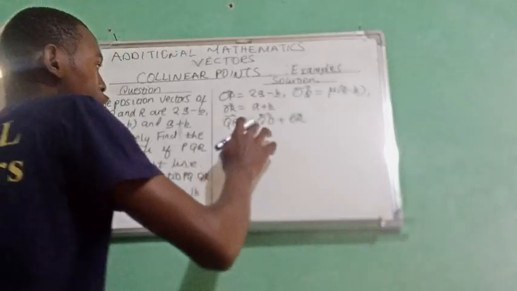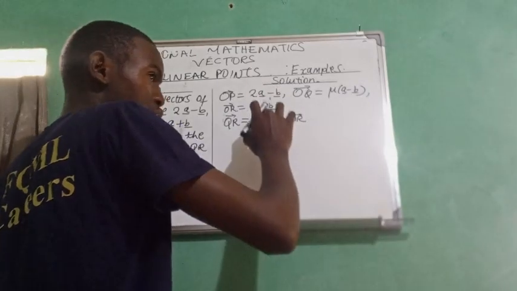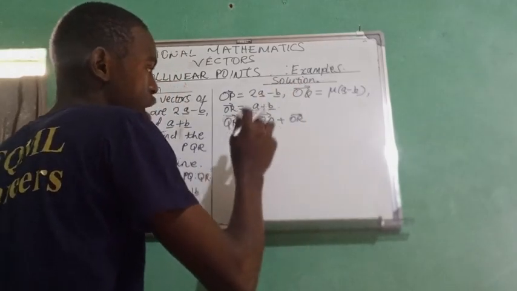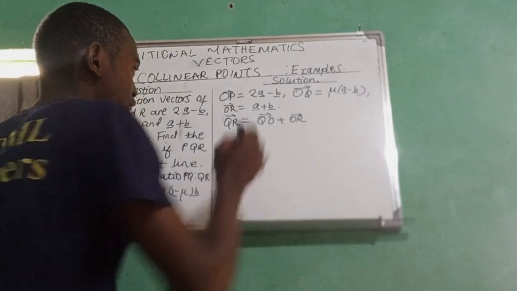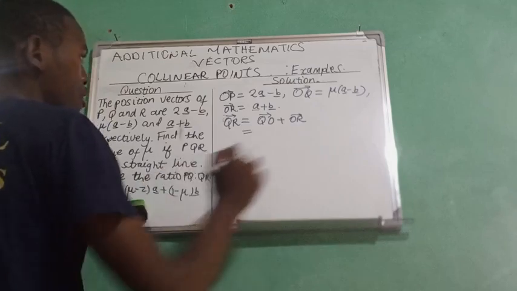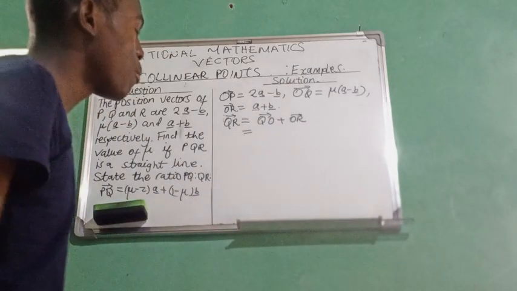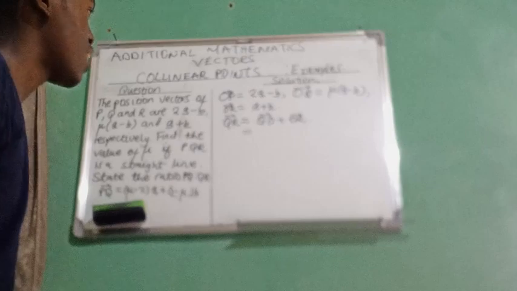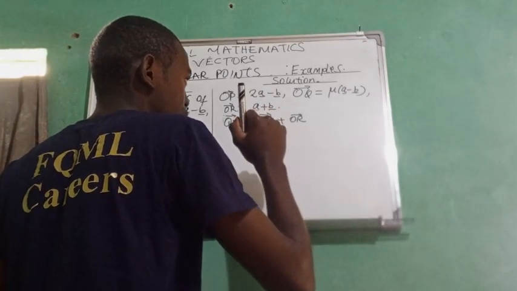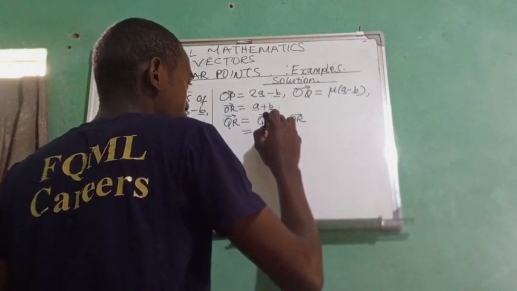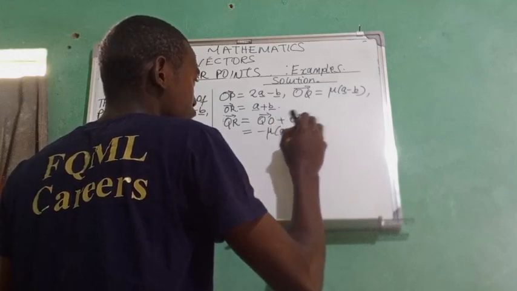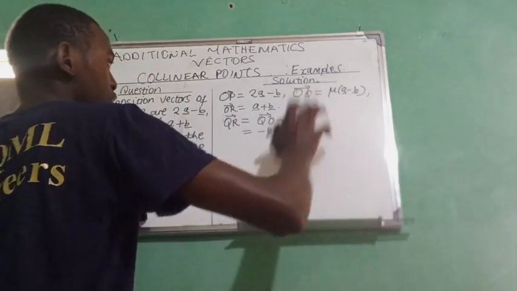It's like you go from Q to O, then you start from O and go to R, because we're going from Q to R. QO means we're going in the opposite direction, so you say minus mu of vector A minus B. We put the minus sign.